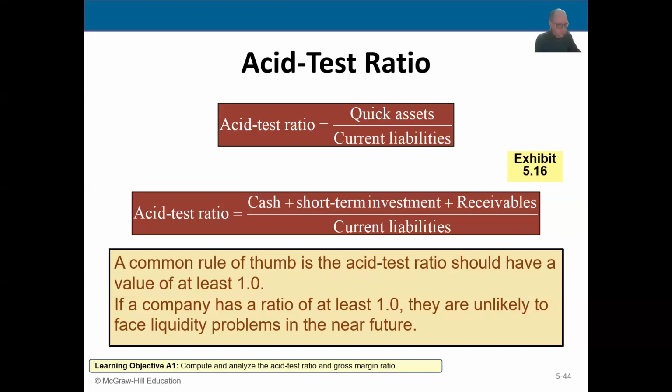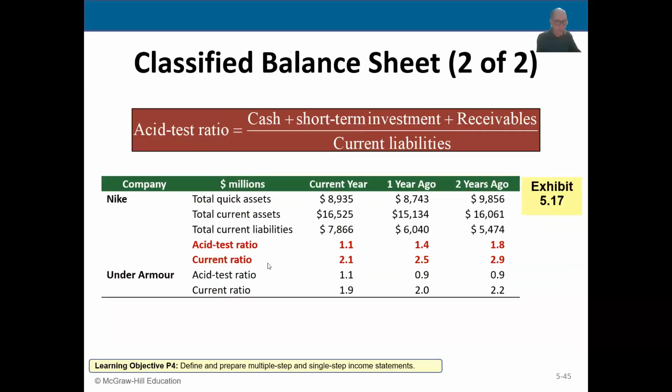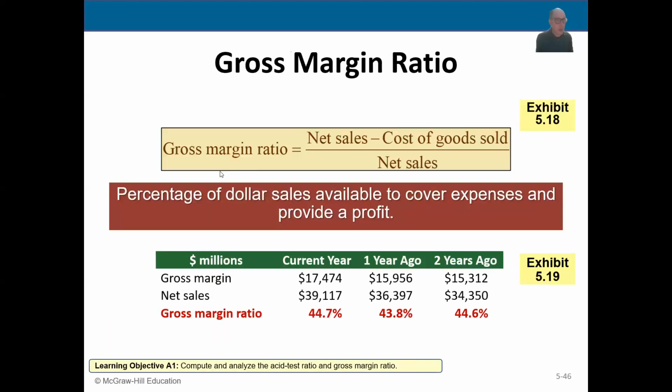We call it the acid test ratio. You should at least have a value of 1. Anything less than 1 is not good. And this is how we applied it to a couple of different companies.